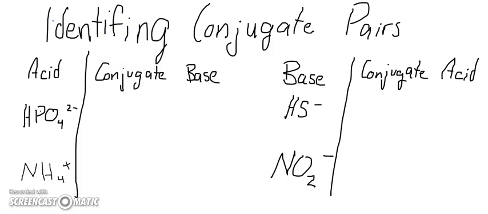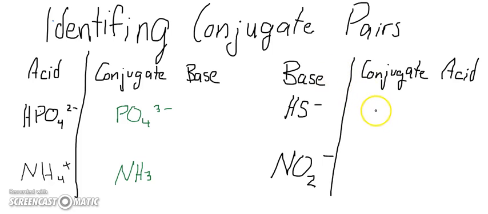So HPO4 2-, when it donates the H+, becomes PO4 3-, and in the reverse reaction this is going to accept the H+, so it's our conjugate base. Same thing with NH4+. In the forward reaction, the NH4+ donates an H+, so it becomes NH3, and in the reverse reaction it's going to accept the H+, so it's our conjugate base.